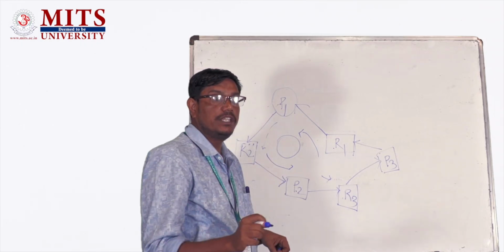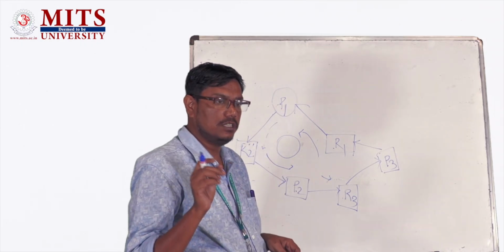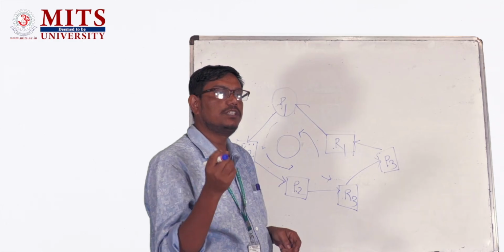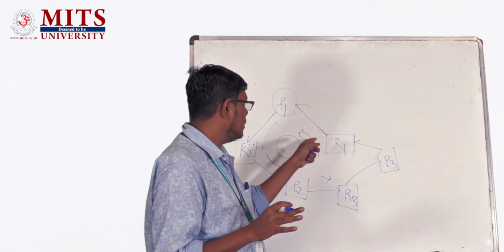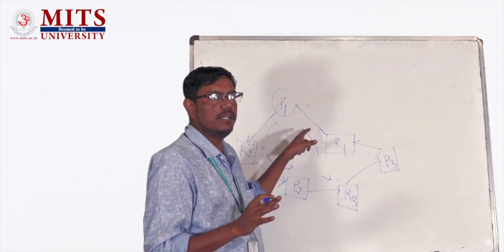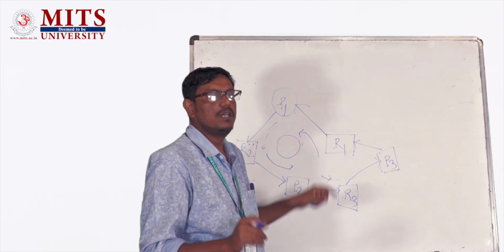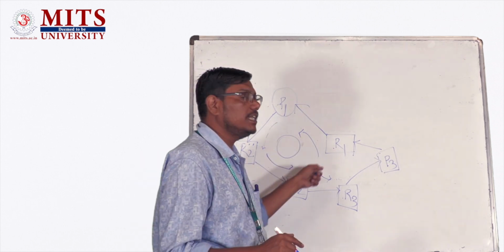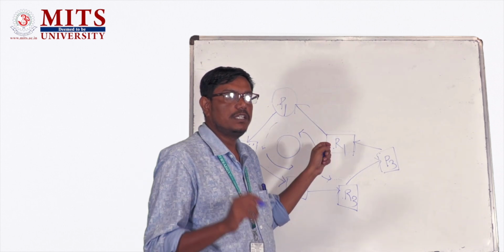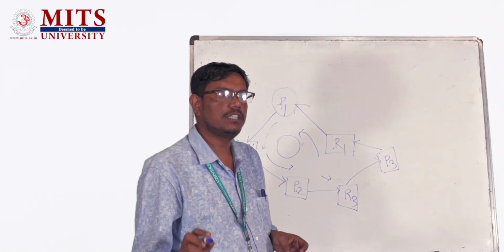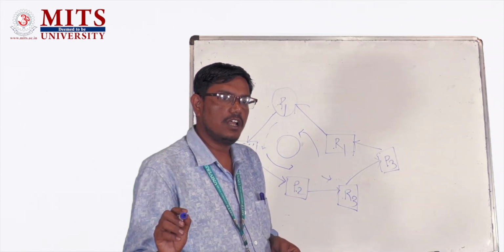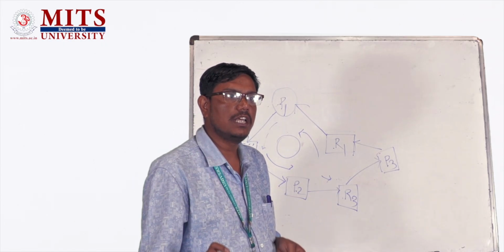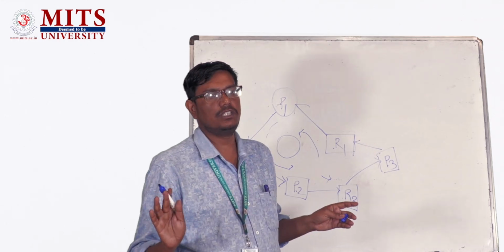So if the instances are more than one, then maybe there is a circle, but deadlock may not happen. For this reason, you have to keep in mind that a circle in the resource allocation graph is not sufficient for deadlock. It is a necessary condition but not a sufficient condition.